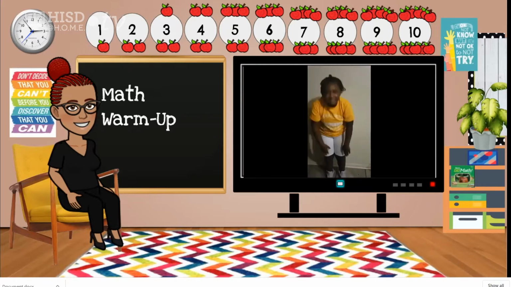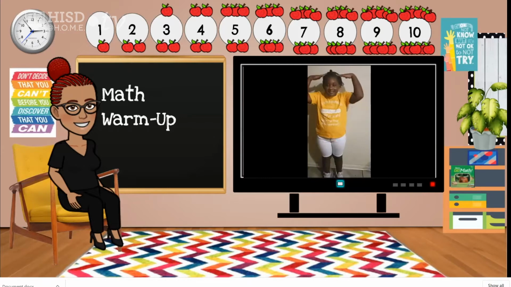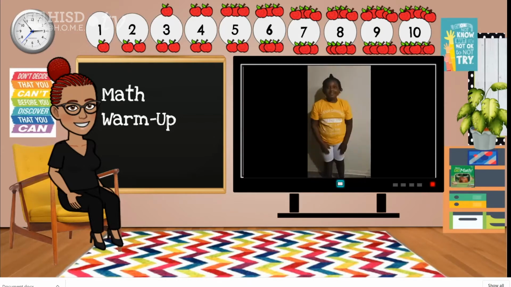I'm going to say the number, and when I say the number, you're going to go in order, touching your head, shoulders, knees, toes. I want you to count along with me. We're going to be starting with 0 going up to 120. Ready? Stand nice and tall. Get ready, magical mathematicians, and let's go.